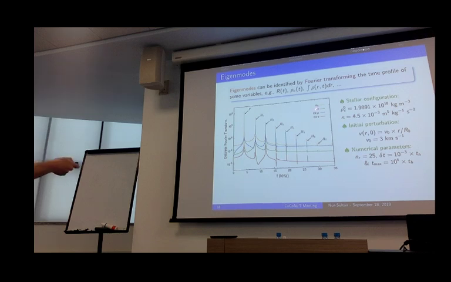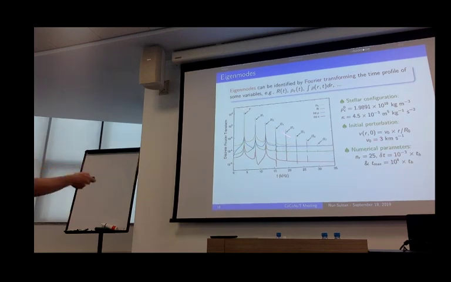So here I have plotted the Fourier transform corresponding to the central density, radius, integrated density, and integrated velocity for this stellar configuration and for this initial perturbation, a linear perturbation. And note that here the amplitude of the perturbation is very small.